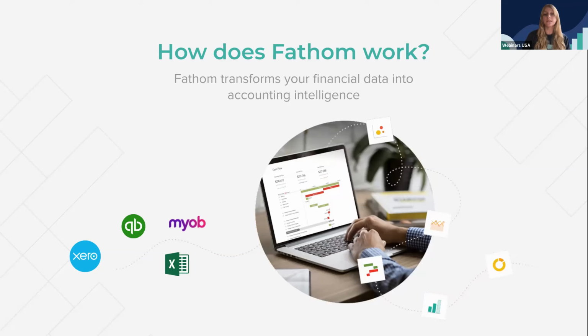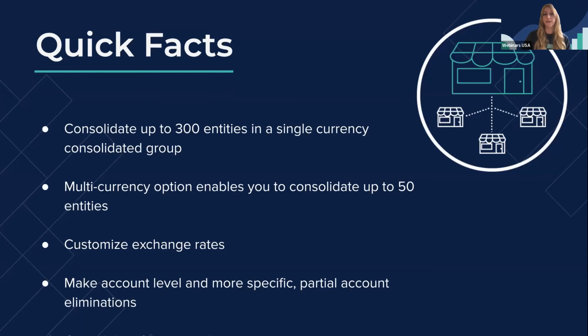This, along with our easy-to-generate reporting options, saves firms an average of 14 hours per reporting cycle for each consolidated created. If time saving is as important to you as it is to me, Fathom Consolidations is a great option to consider.